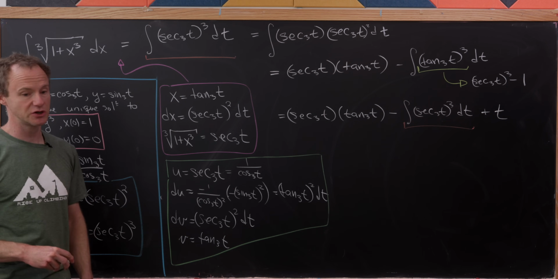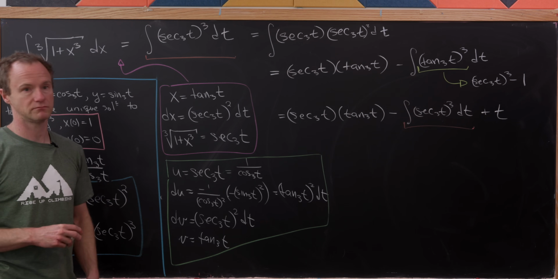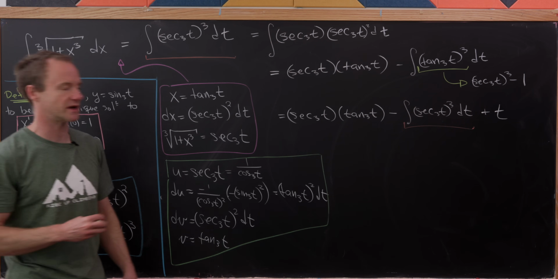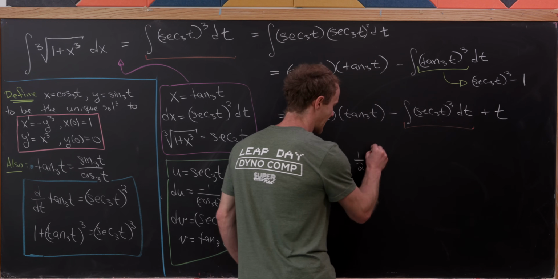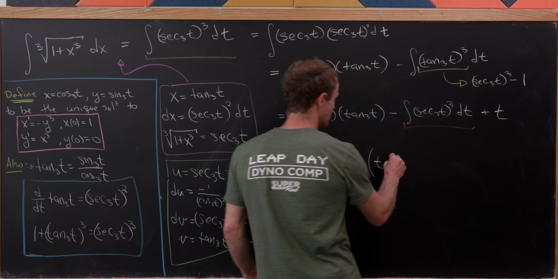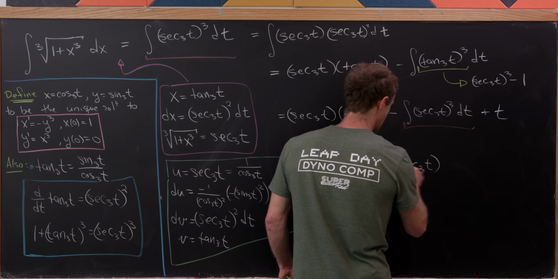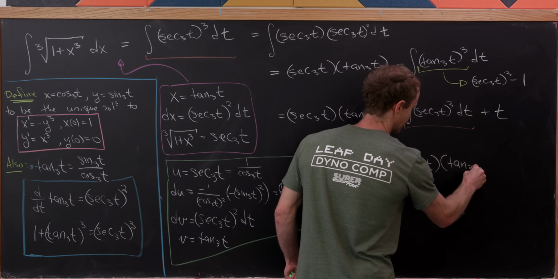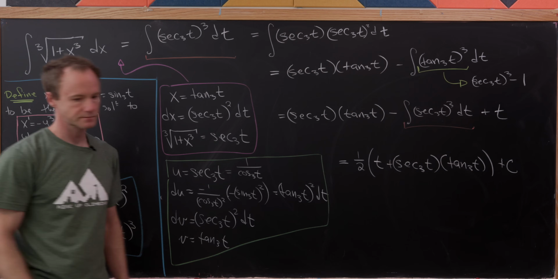So we can divide by 2 and we'll have our, well, at least not our final answer, but a nice solution with no more integrals. So in other words, in the end, we'll have 1/2 and then t plus this sec 3t and then this tan 3t. And then of course, plus a constant, if you will.